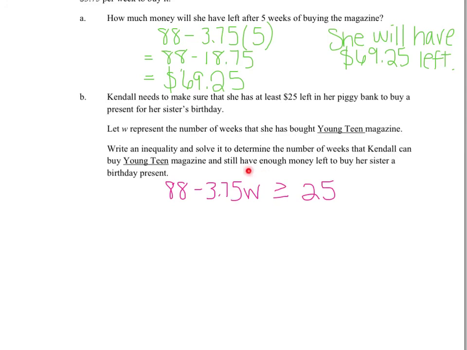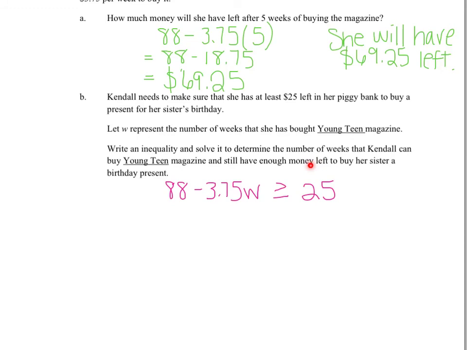So this is going to be greater than or equal to, because it's fine if she has 25, or greater than 25. This is saying the amount of money she has, which is 88, that's what she started with, taking away how many weeks she bought the magazine, that she will still have enough left to be larger than or equal to 25. So the next part is we need to solve it.